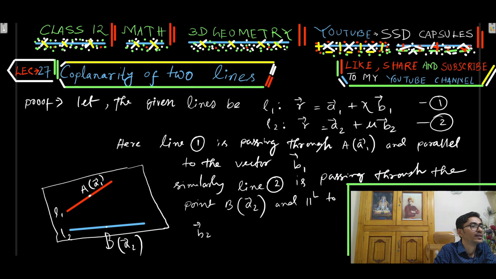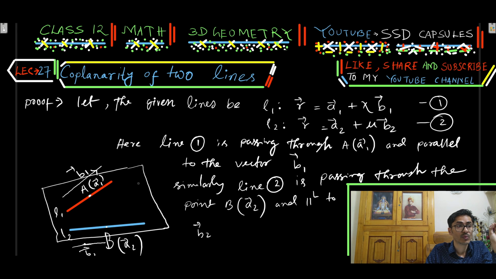So here I will draw this one say B1 vector and this one say B2 vector. So line 2 is parallel to B2 vector, line 1 is parallel to B1 vector.